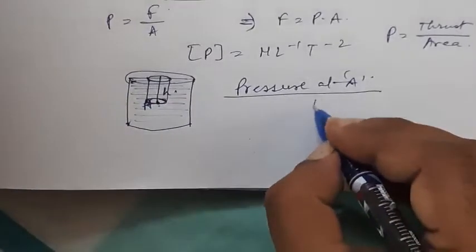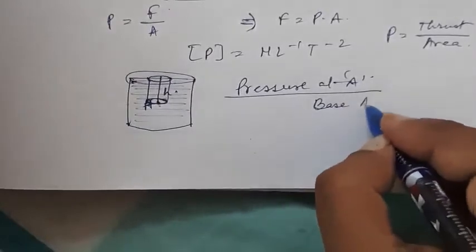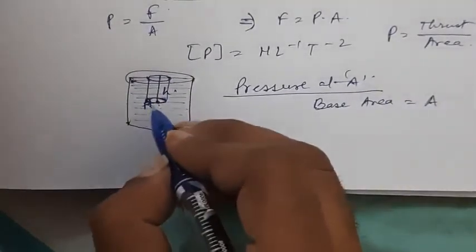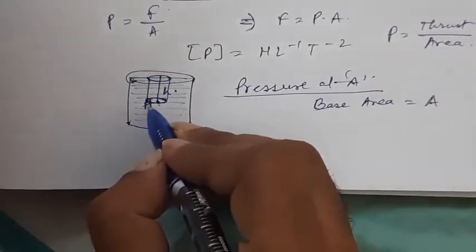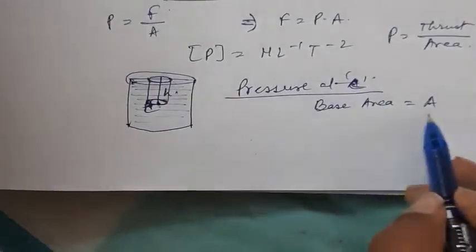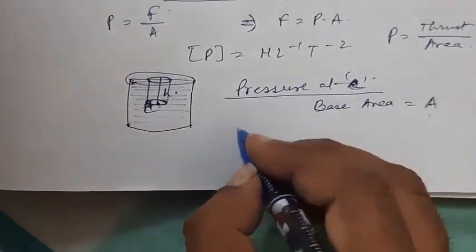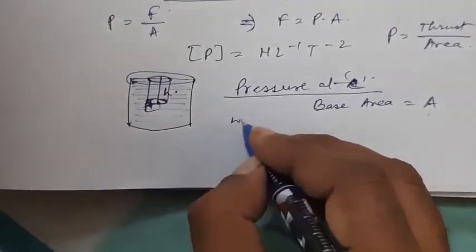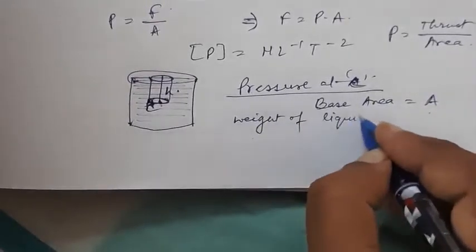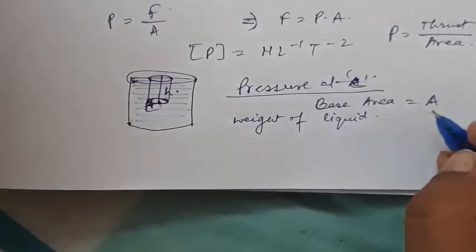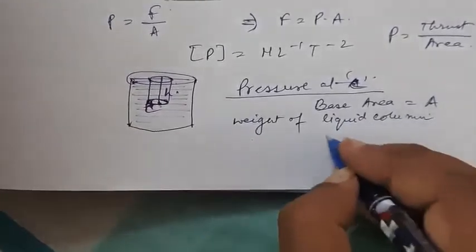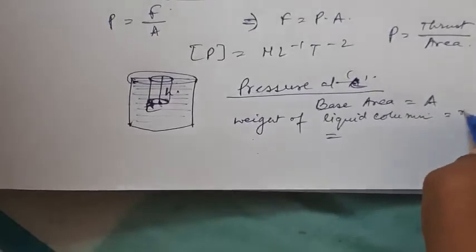Suppose we name this point as C, base area A. Now the weight of liquid column is equal to, now we know weight is equal to mg.